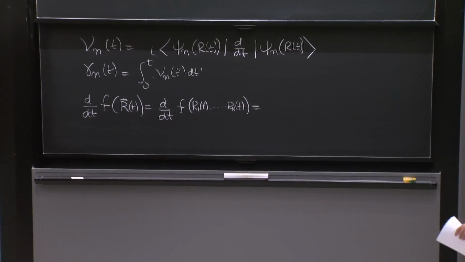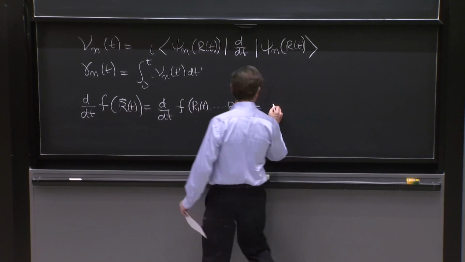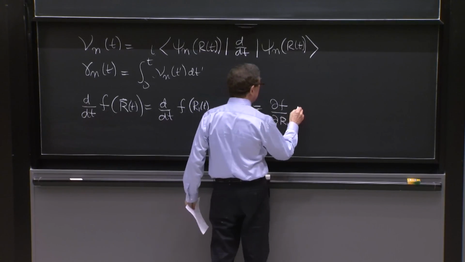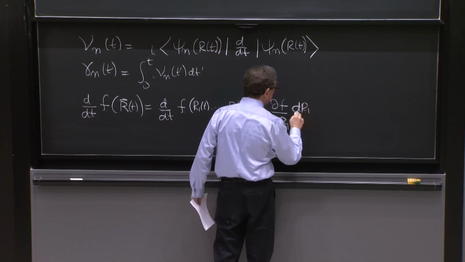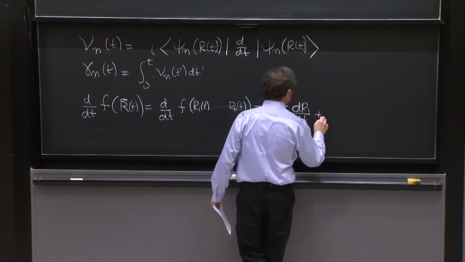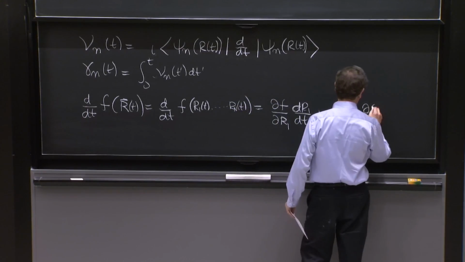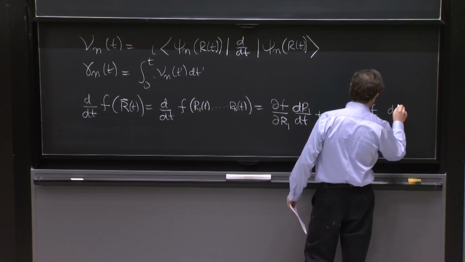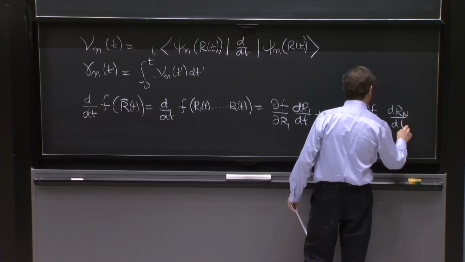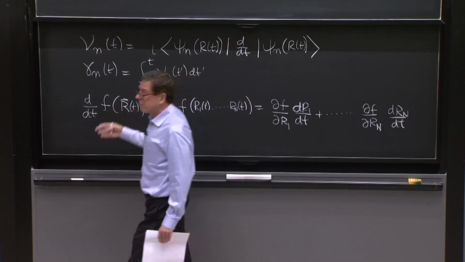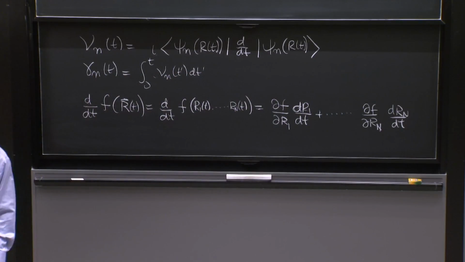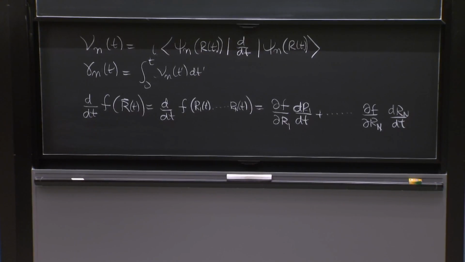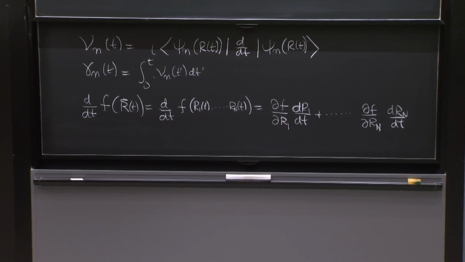And what must you do? Well, you should do df dr1 times dr1 dt, all the way up to df drn times drn dt. You want to find the time dependence of a function that depends on a collection of time-dependent coordinates. Well, the chain rule applies.